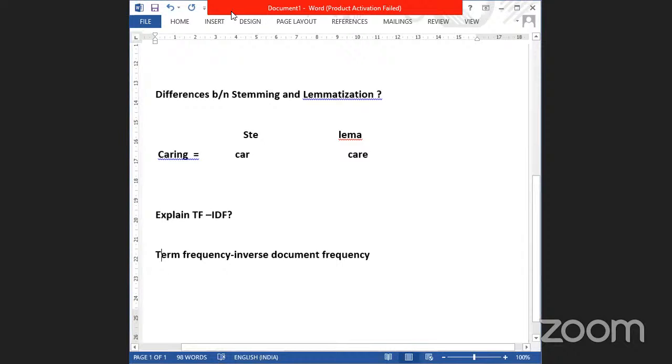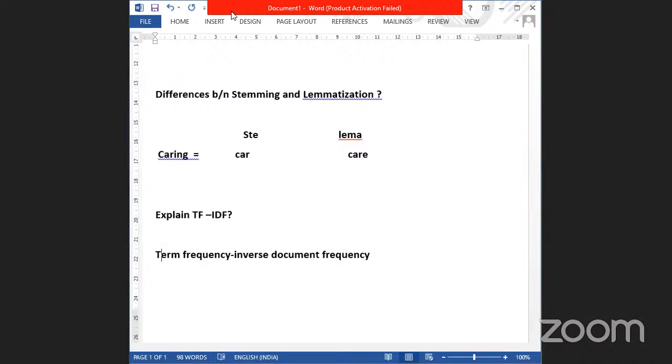So basically, TF-IDF stands for term frequency inverse document frequency, and this is a technique to quantify a word in documents. TF-IDF was invented for document search and information retrieval.